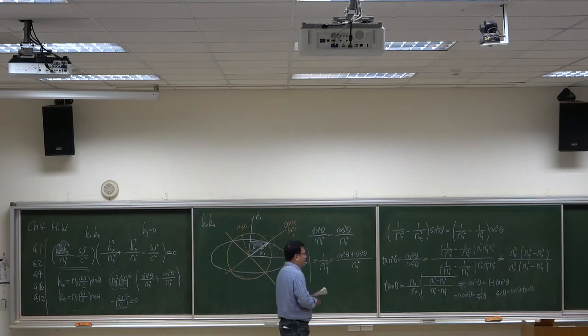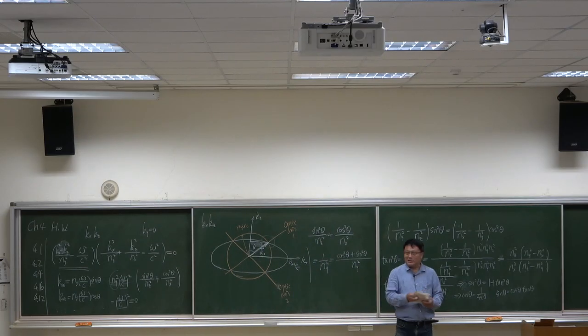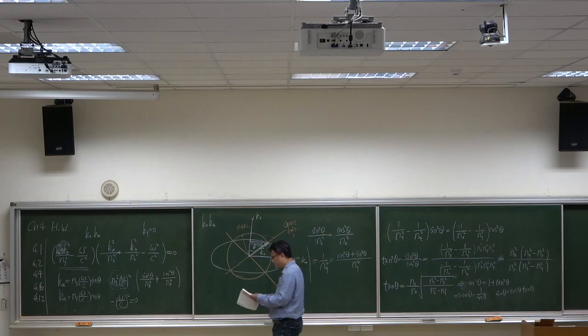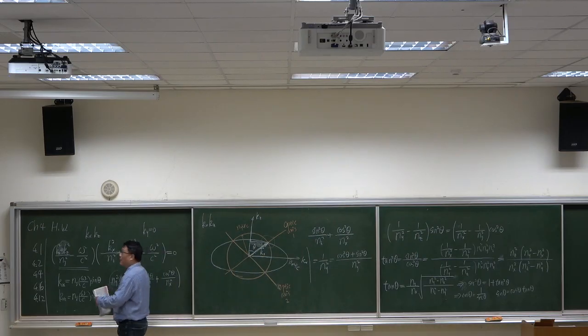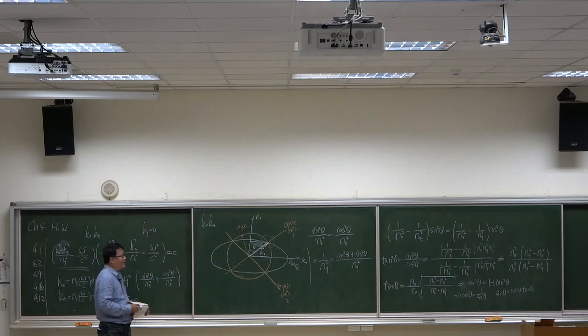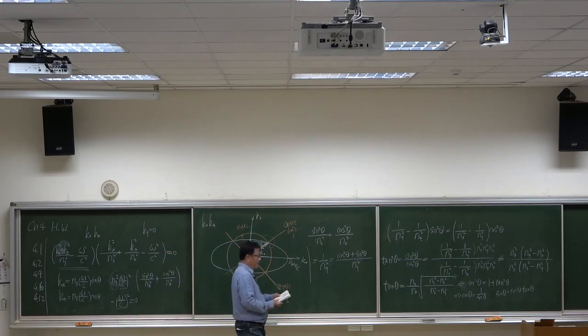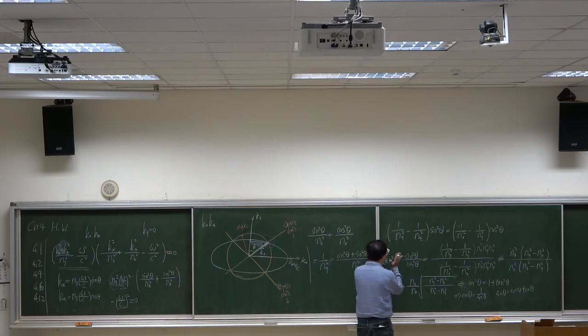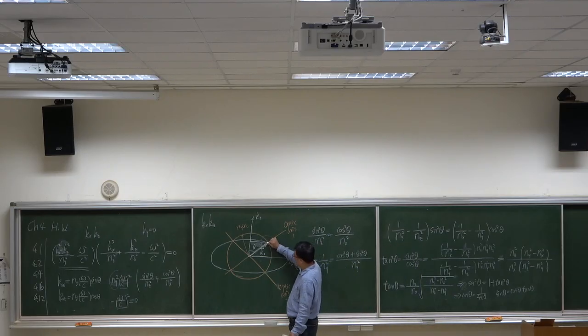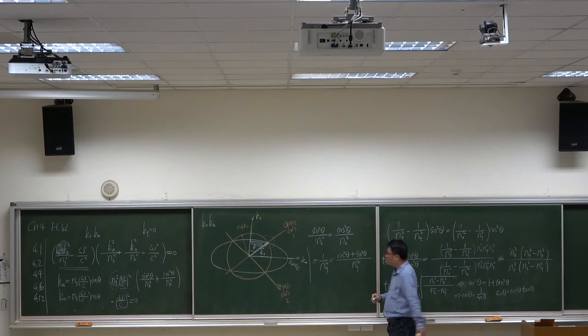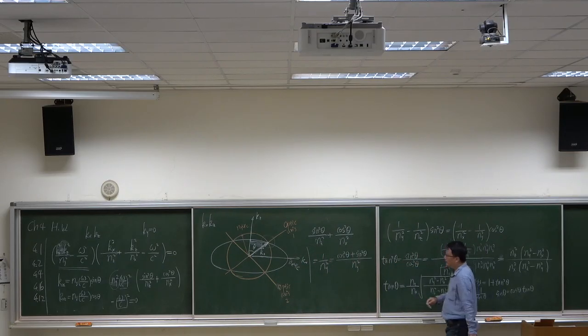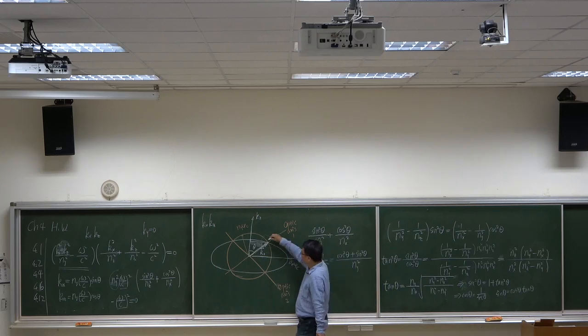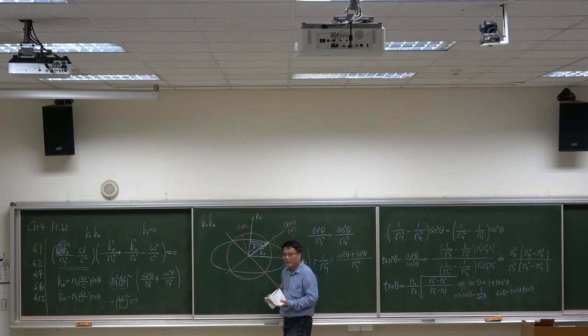I will not derive it here, but you can derive it yourself. So now my task is to find the cone equation close to this very special point. Locally, the surface close to this point looks just like a belly button.